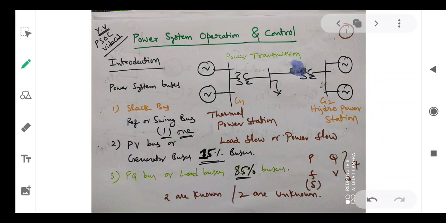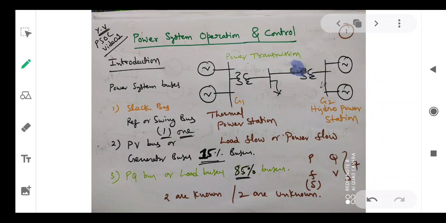This is the summary of the first slide, power system operation and control. In the introduction, we have an interconnected power system comprising many generating stations as well as buses, including power transformers as well as transmission lines. All the buses are classified into 3 different categories. The first one is the slack bus or reference bus.